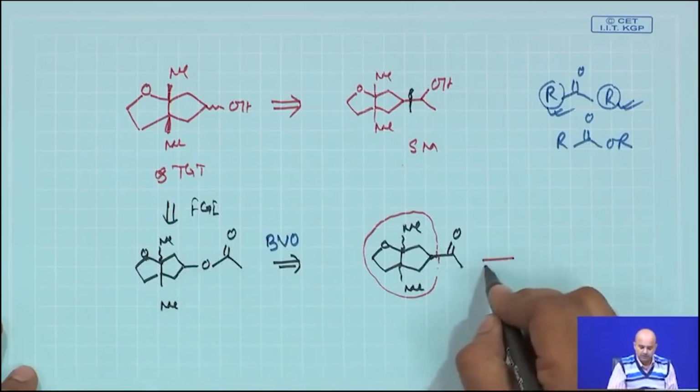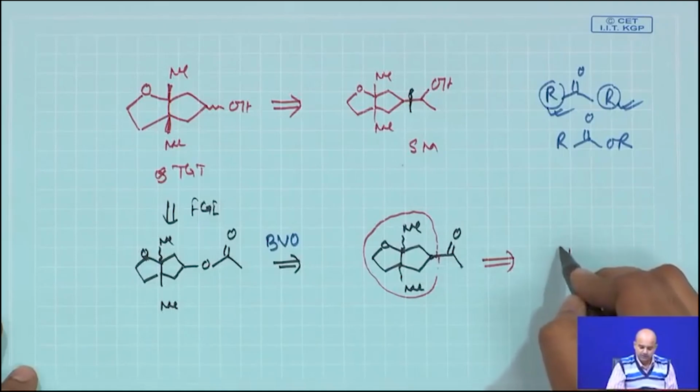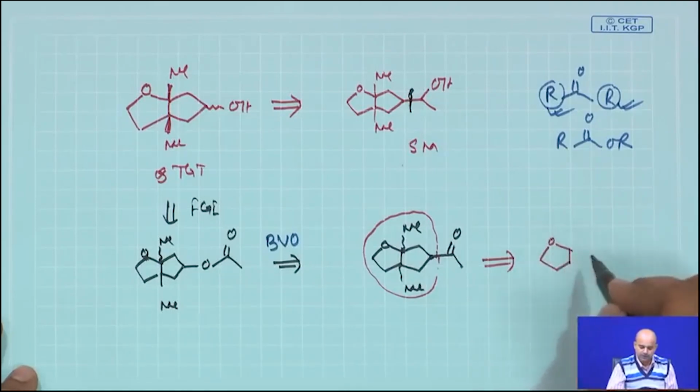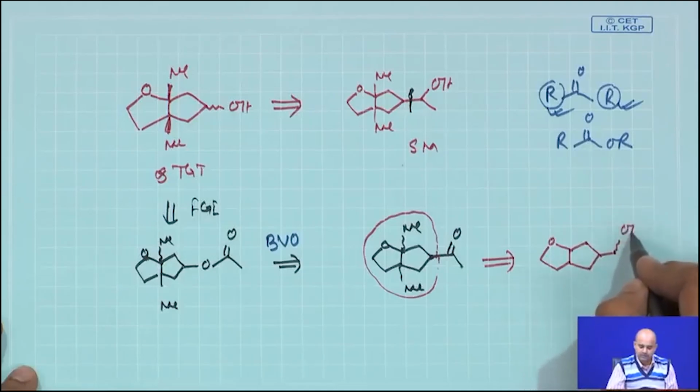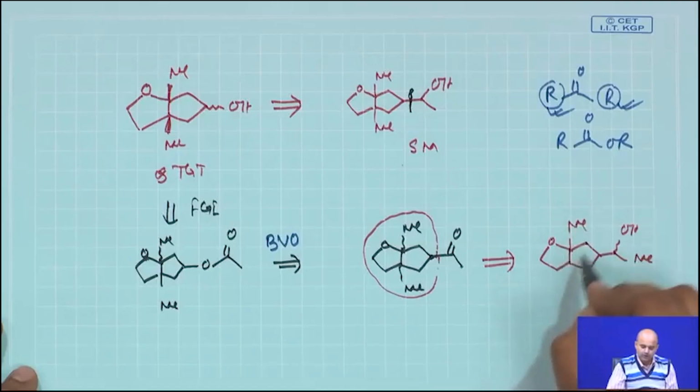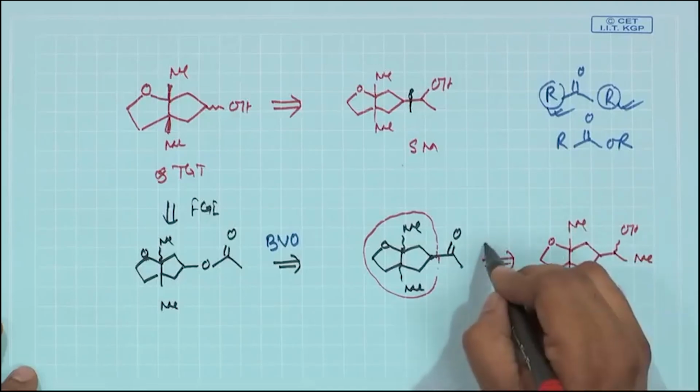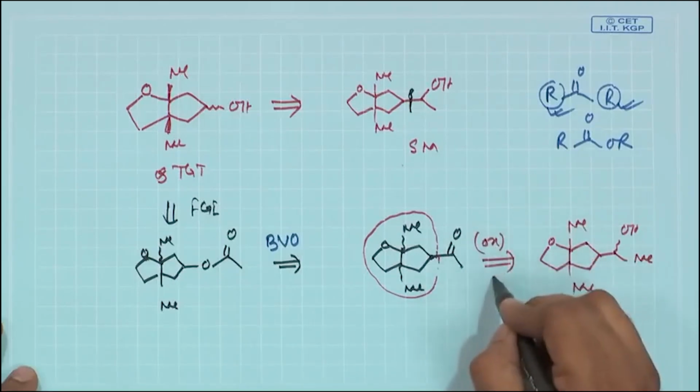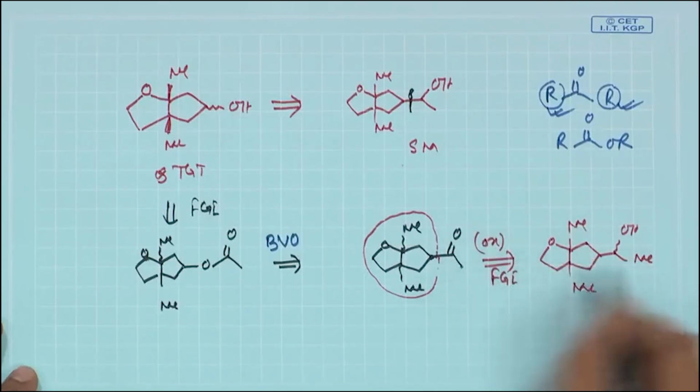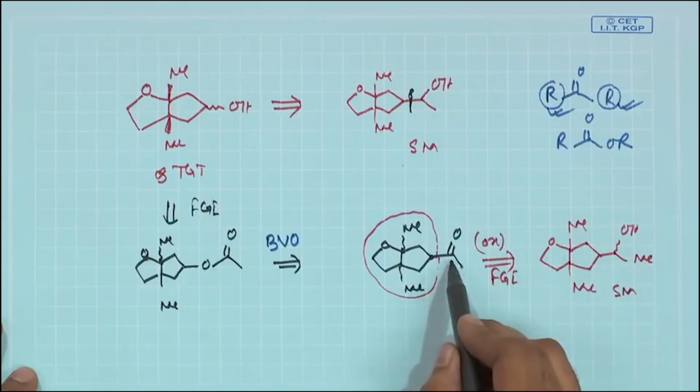Now, how can you convert this to this or correlate the starting material? By a simple oxidation. We are not doing the forward pathway. I said this is basically an oxidation based FGI. From the starting material, you do an oxidation based FGI, you come here.